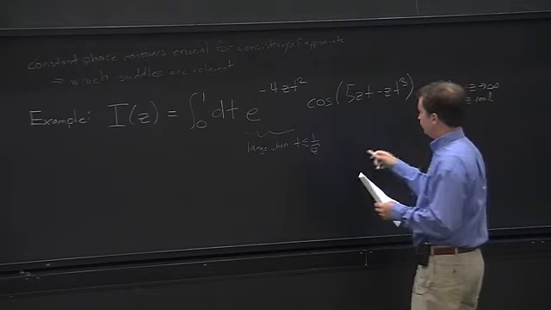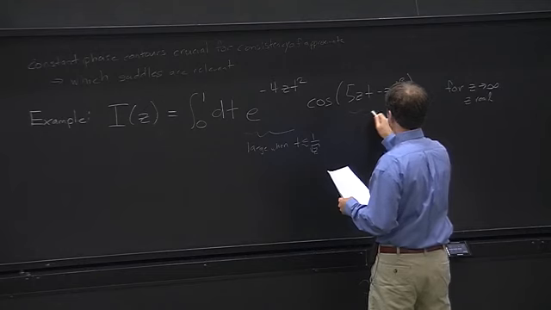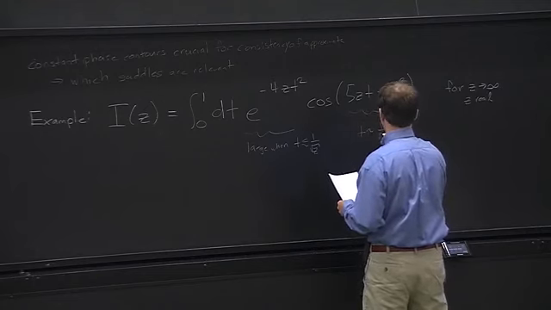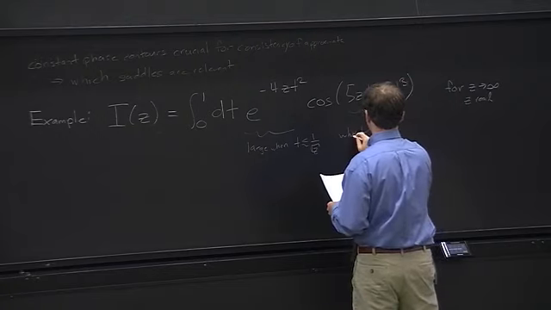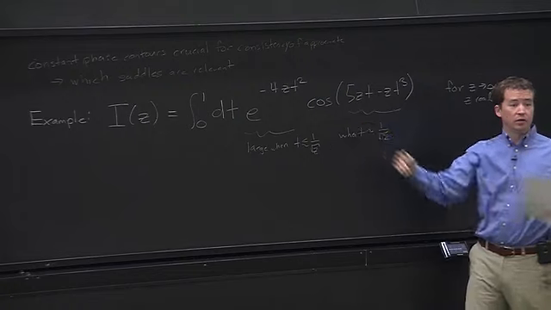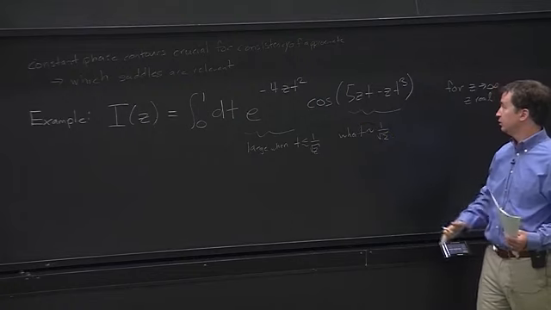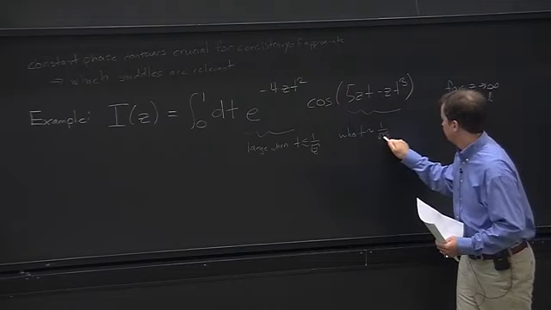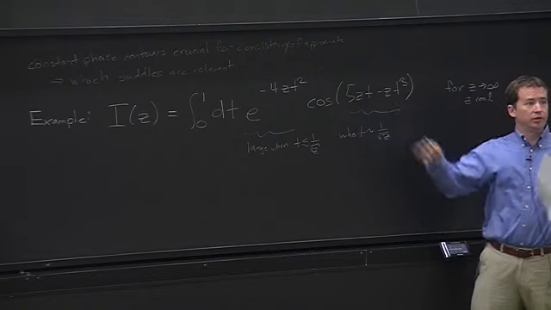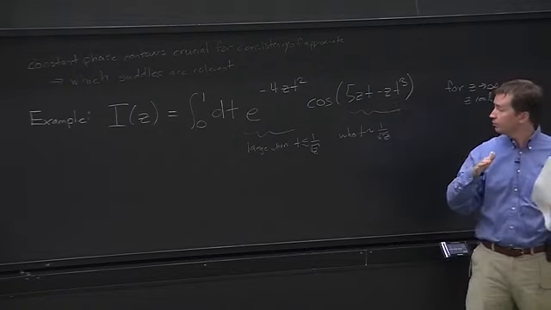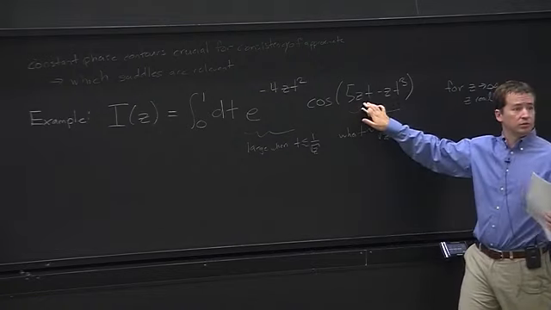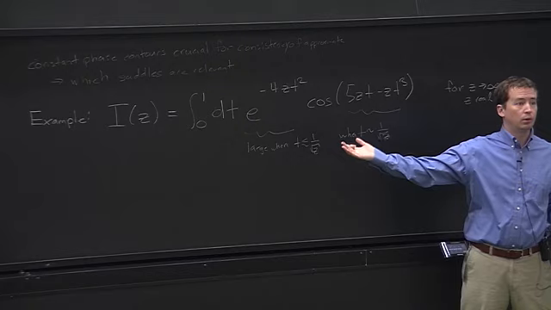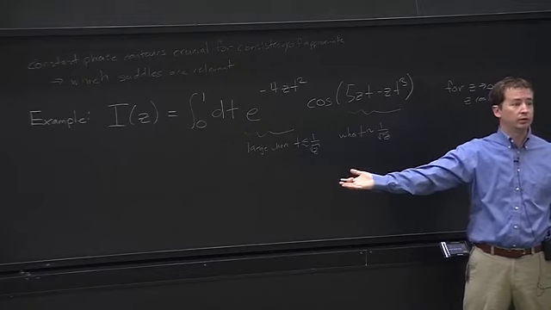But when t is about 1 over z, this cosine is oscillating very wildly. The argument here, this is a z, is large, and so the cosine is oscillating, and we've got destructive interference, which is exactly what we were trying to avoid when we were deforming our contour to a constant phase contour.